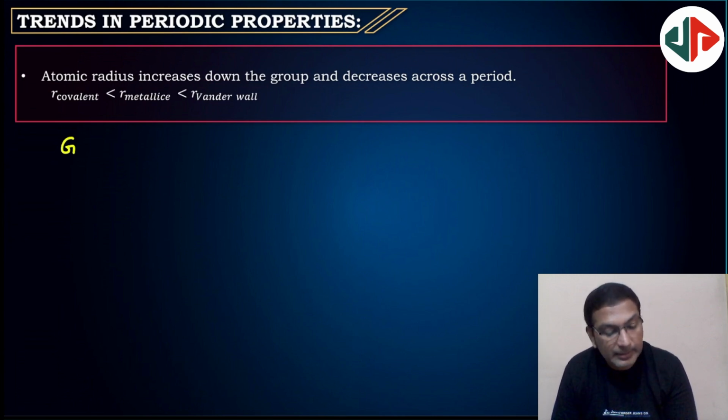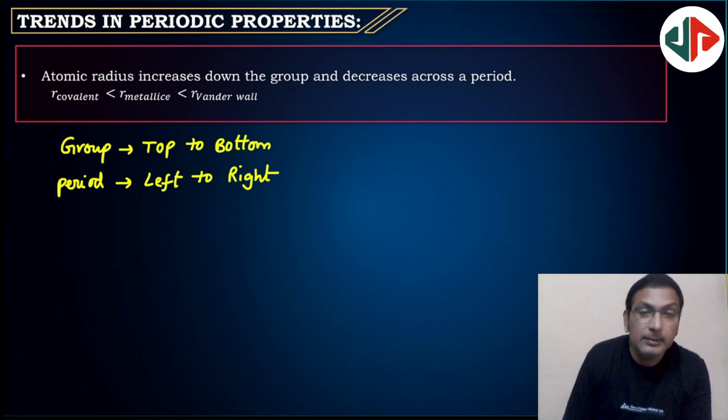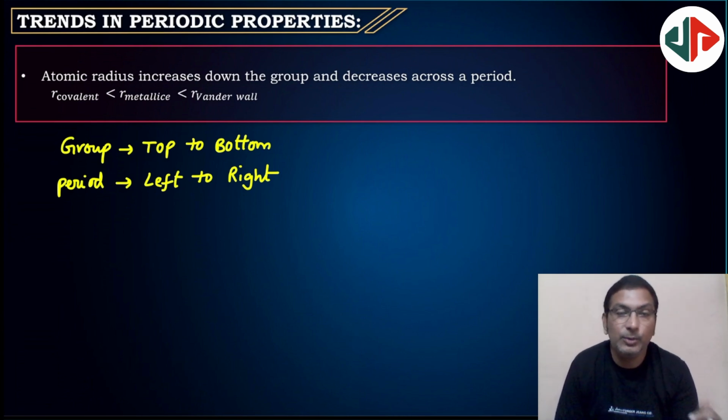Remember, group means top to bottom, period means left to right. So atomic radius increases down the group, that means top to bottom. Next, across a period, left to right, atomic radius decreases.